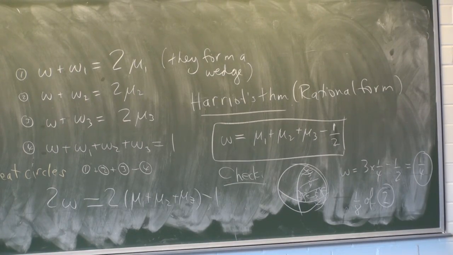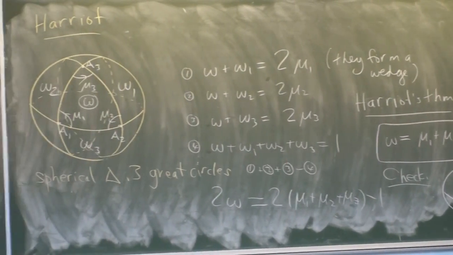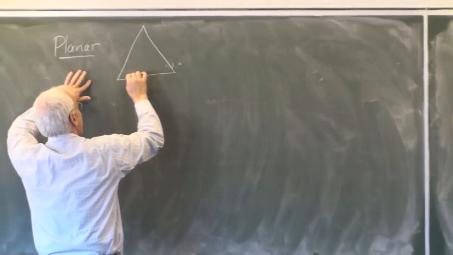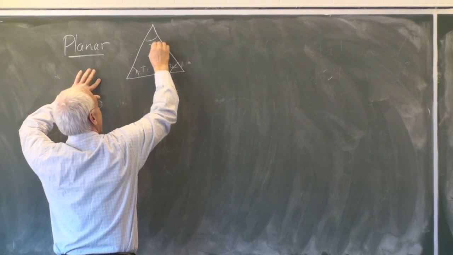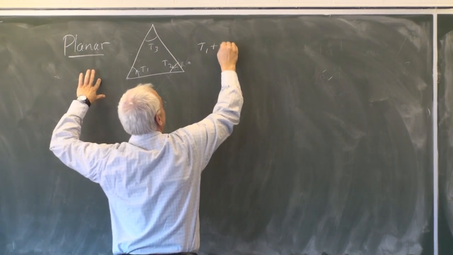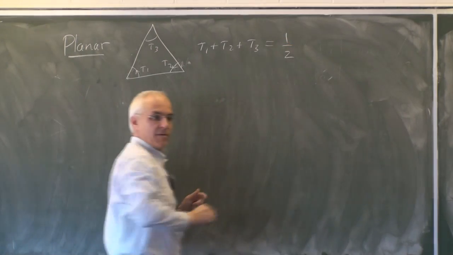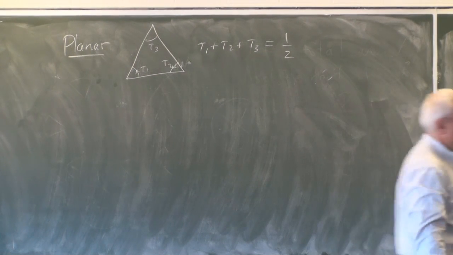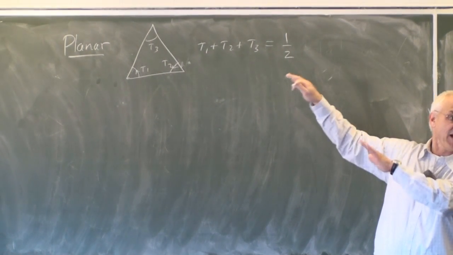And let me remind you that, back to the planar situation, if we had a triangle with tangles tau 1, tau 2, and tau 3, we saw that tau 1 plus tau 2 plus tau 3 equals a half. So what's happening here, if you can't remember it, one way of remembering it, is it's just the planar formula for a triangle, everything brought to one side.